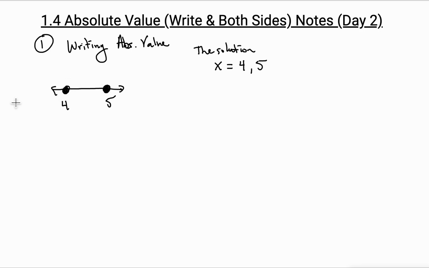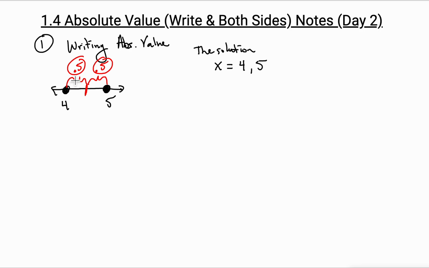Now when we think back to the day 1 work, remember we had these brackets up here? They were the same distance apart, and here the same distance is 0.5 away from that middle.